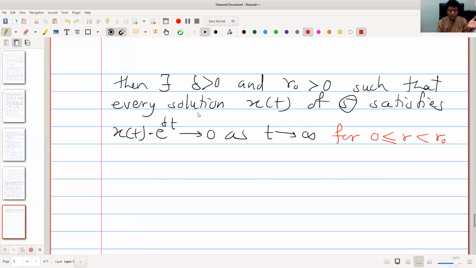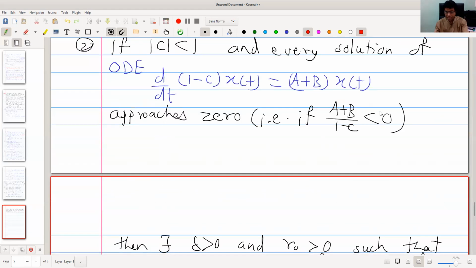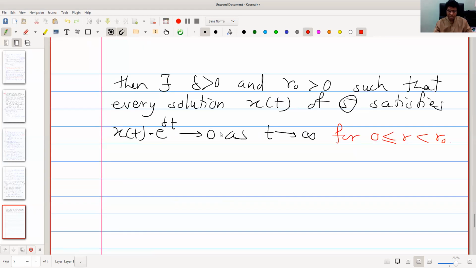We are going to show that if mod c is less than 1 and this condition is satisfied, meaning the ODE is stable, then the solutions x of t are of the form e raised to lambda t. So x of t into e raised to delta t is e raised to lambda t into e raised to delta t, so e raised to (lambda plus delta) t.